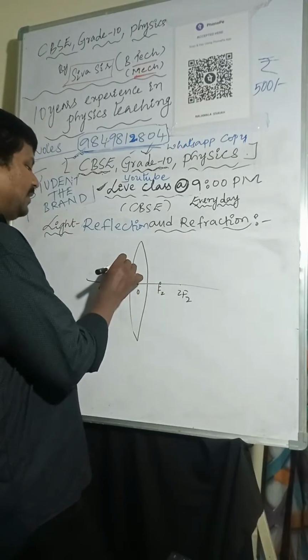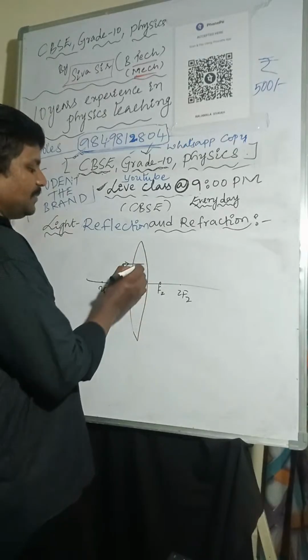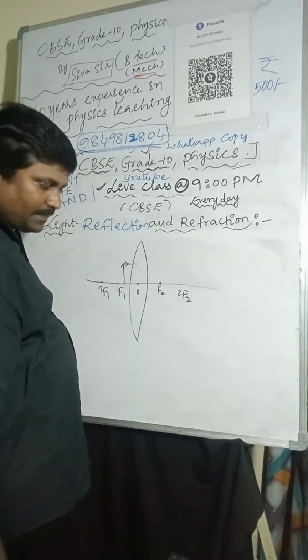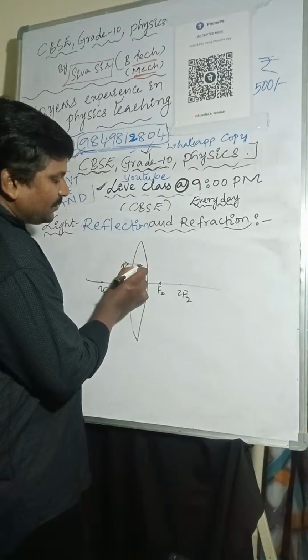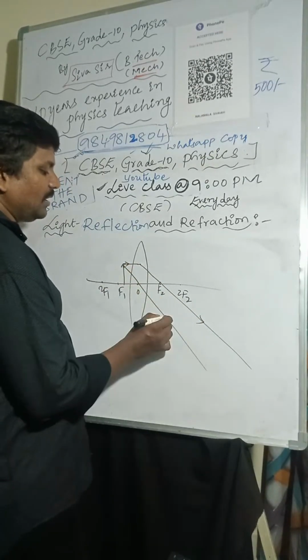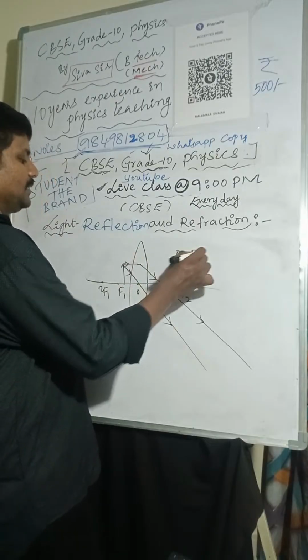So I am taking the object here, between F1 and O. One light ray I am taking like this, it passes through focus. Another light ray I am taking, it passes through optic center.